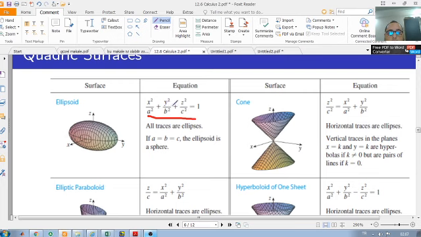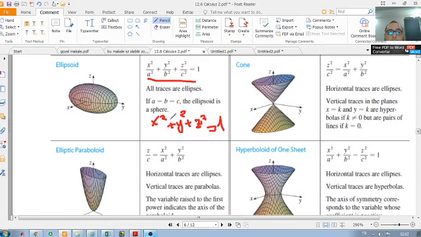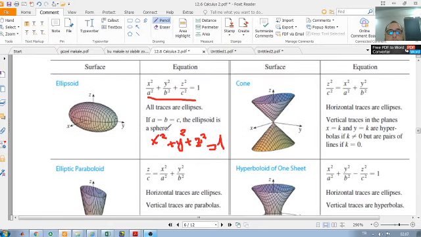X squared plus y squared plus z squared is equal to 1 is the most simple one, which is actually the equation of the sphere with radius 1. And if the numbers a, b, and c are equal to each other, the ellipsoid becomes a sphere.